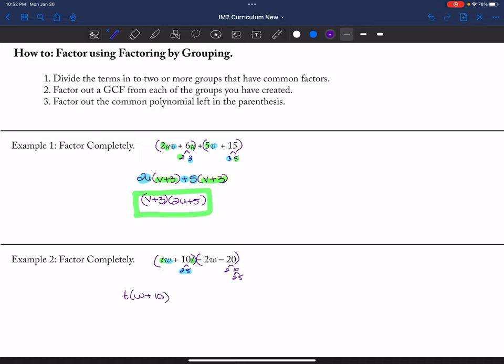And then in my second parentheses, they both have a negative here. I like to make my variables in my parentheses next, on the left-hand side of the parentheses. I like to always make them positive. So I'm going to say that I have a negative in common and I have a 2 in common, and that's basically it. Everything else, I don't have a 10 and I don't have a w in common.